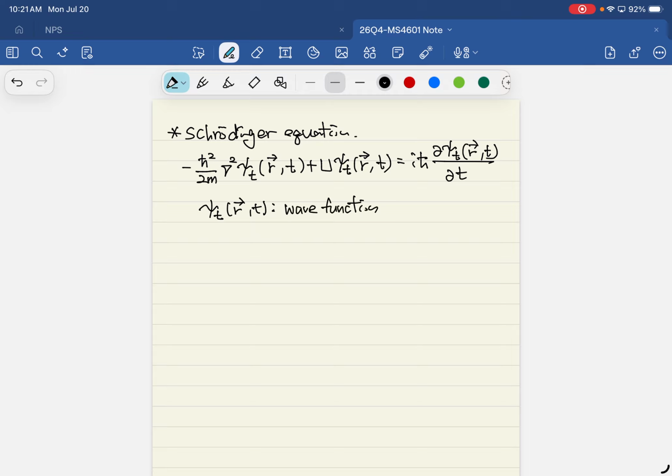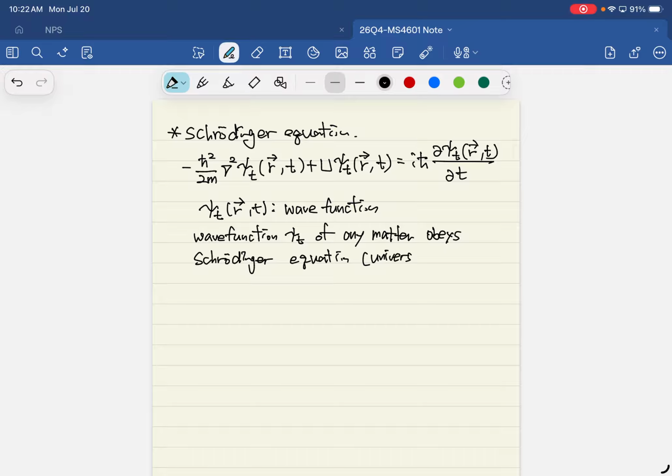This Schrödinger equation is essentially telling us that the wave function psi of any matter obeys the Schrödinger equation. This one is universally applicable.